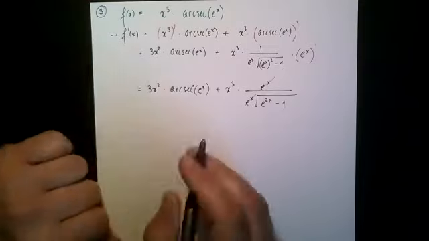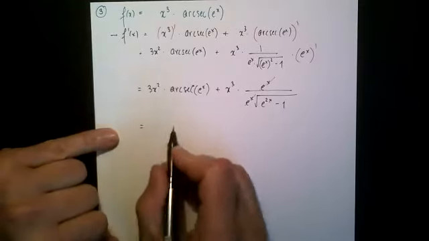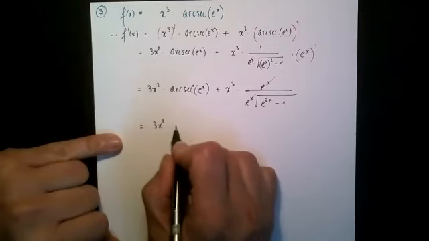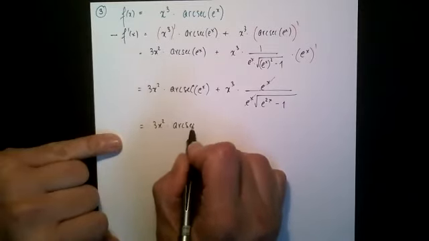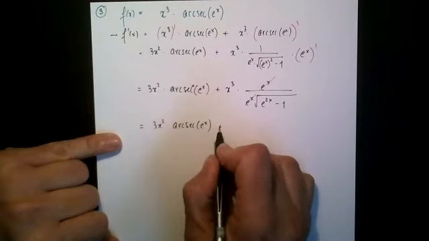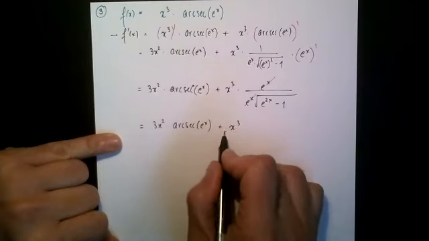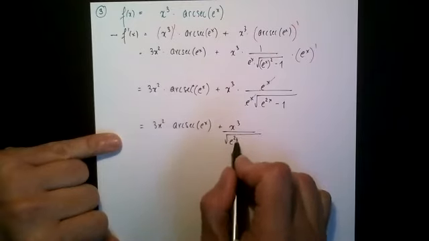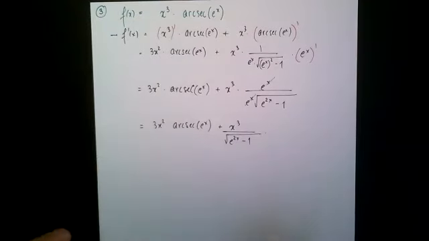Okay, let me just write it nicely. 3x squared arc secant e to the x plus x cubed over root e to the 2x minus 1. Okay, any questions?